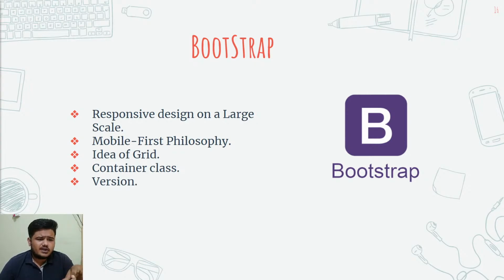The grid is an invisible partition of the screen into columns along with the width. Say for example, if you have 3 boxes, you have to position them side by side on a larger screen and vertically on a smaller screen. This can easily be done using a simple class known as the container class. It is so simple using a framework like this, correct?